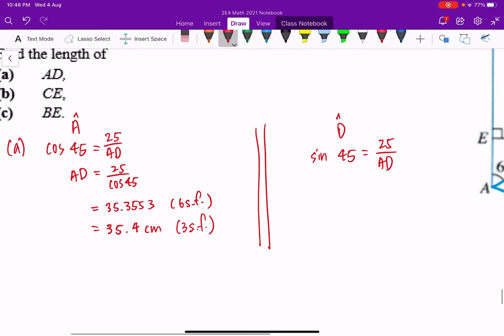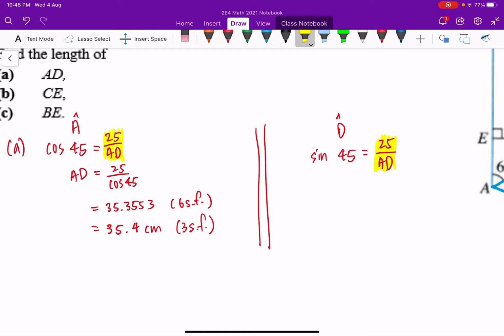I'm writing this for you to see. Number one is to show you that there are two different ways of looking at it. There's no right or wrong. And number two, I want you guys to pay attention to this interesting fact. Do you see that cosine 45 is equal to 25 over AD, and sine 45 also gives you 25 over AD?